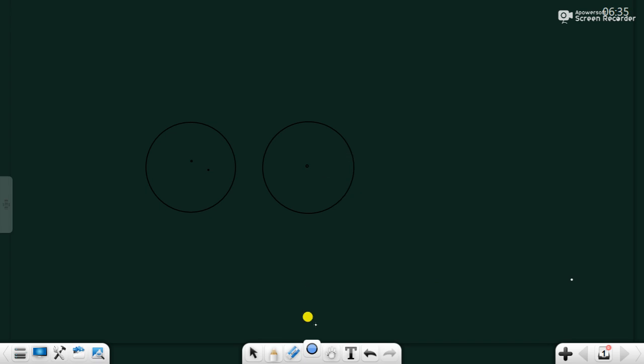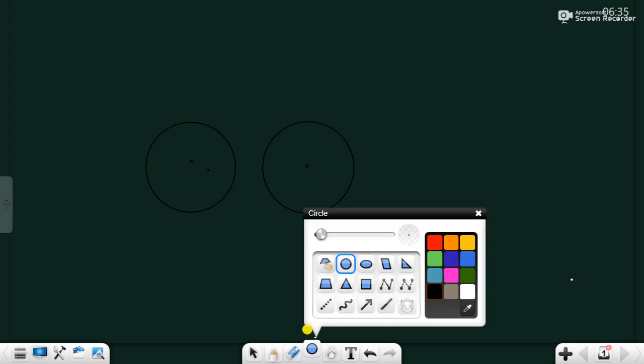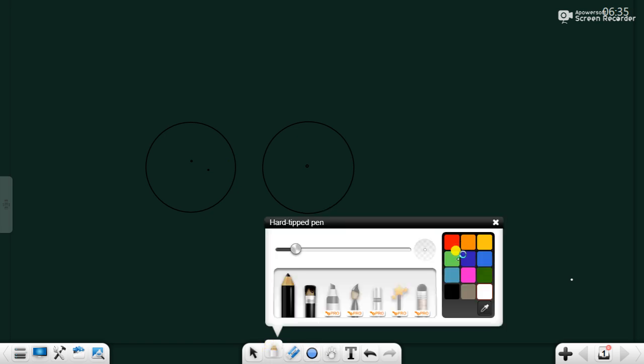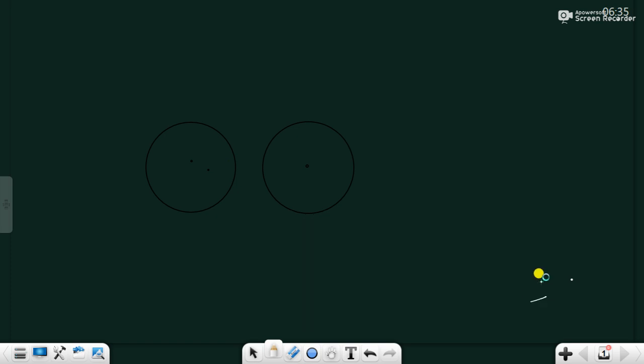Suppose this is the radius of this circle, and this is the radius of this circle. We see that both the radii are equal.